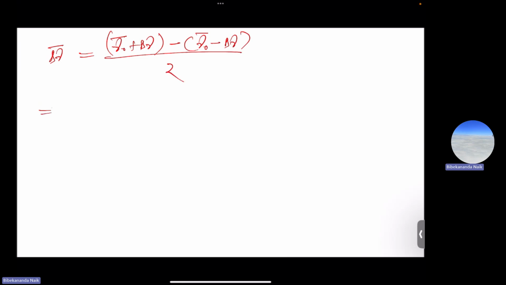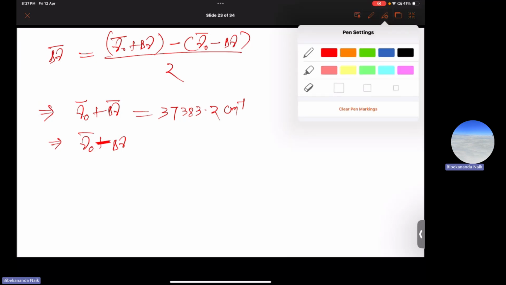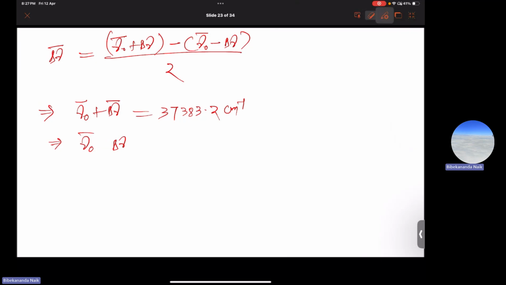So nu 0 bar plus delta nu is 37,383.2 centimeter inverse, and nu 0 bar minus delta nu is 29,112 centimeter inverse. Now these are the two values we get.